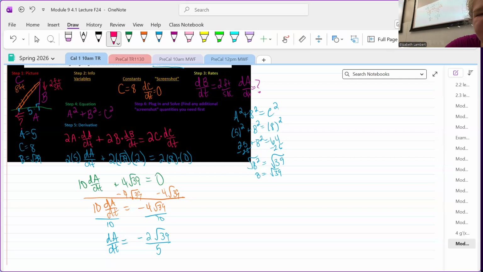So if I change my dB/dt to negative 2, then this would be negative 4 square roots of 39. And then that would change this to adding 4 square roots of 39. And that would make the result positive.